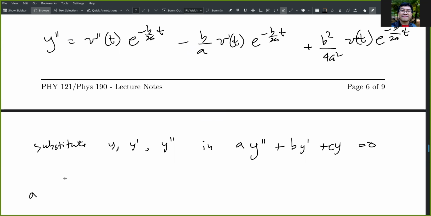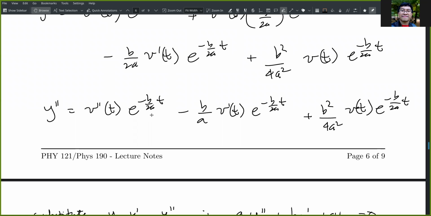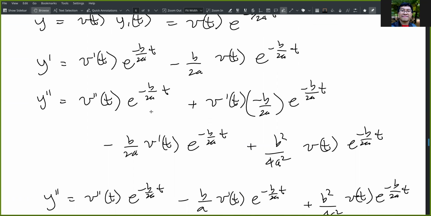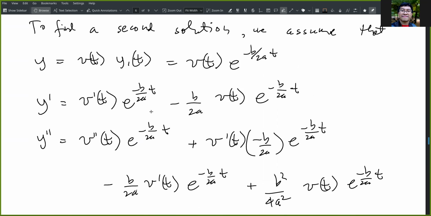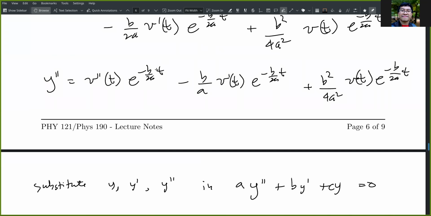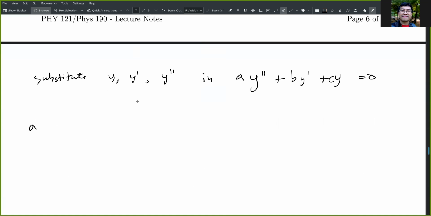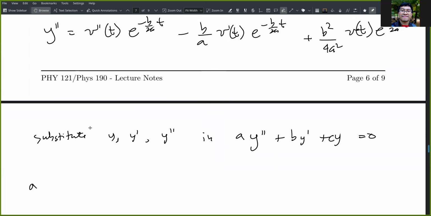Take note that all of them contain e to the power of minus b over 2a t, which would make our life easier. We'll factor out e to the minus b over 2a t. So the first is a times v double prime t.